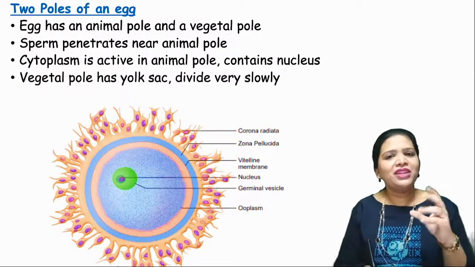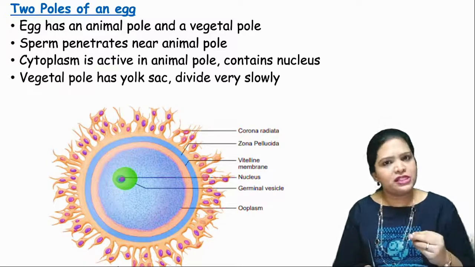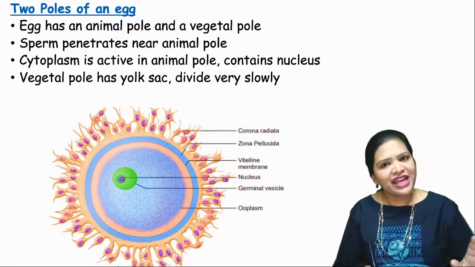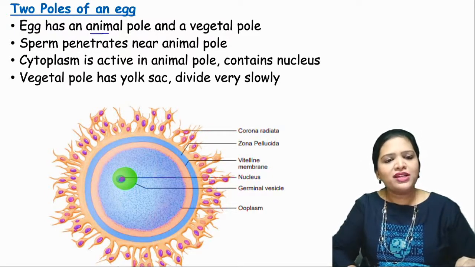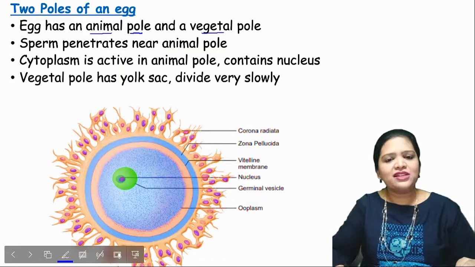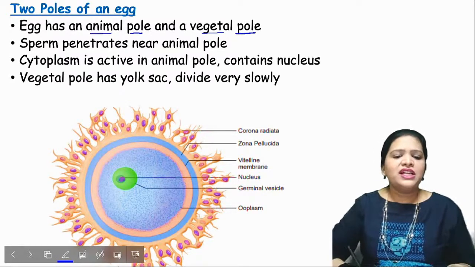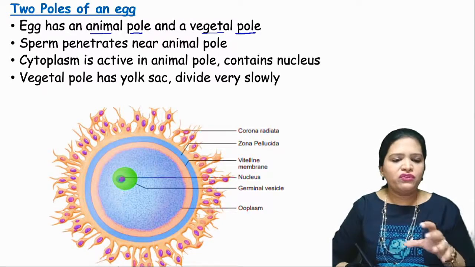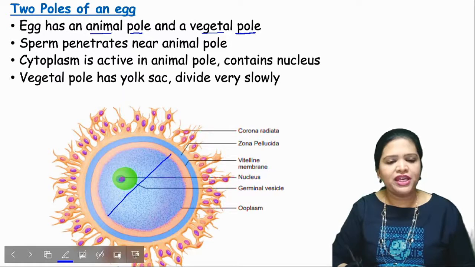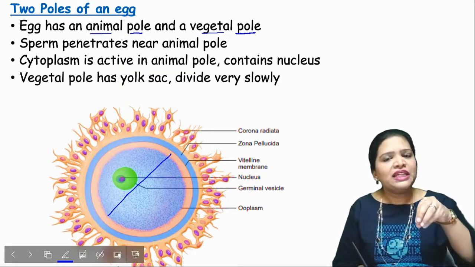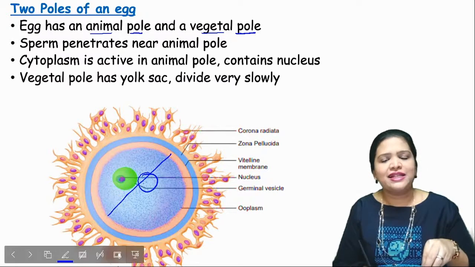Okay, see, now you should know something: the egg has poles. Every egg has poles. Here the egg has two poles. One is called animal pole and another is called vegetal pole. So what is animal pole and vegetal pole? See, when you look at the structure of this egg cell, for example, if this is the center of the egg, you can see that the nucleus never lies exactly in the center.